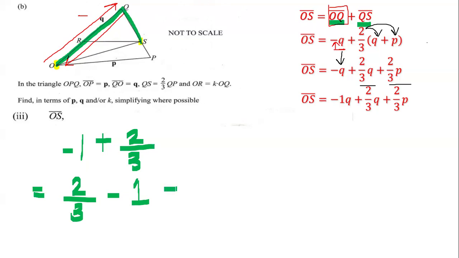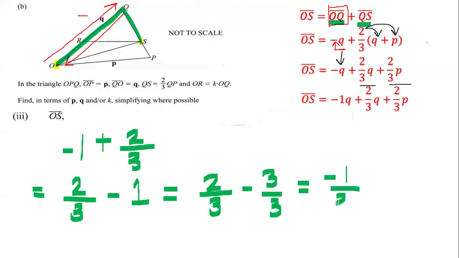Now what is 1? Well, 1 is a whole, so we can say this is 2 over 3 minus a whole, which is 3 over 3. And so we have the same denominator, so we can subtract the numerators. What is 2 minus 3? Well, 2 minus 3 is -1. So it's going to be -1 over 3.